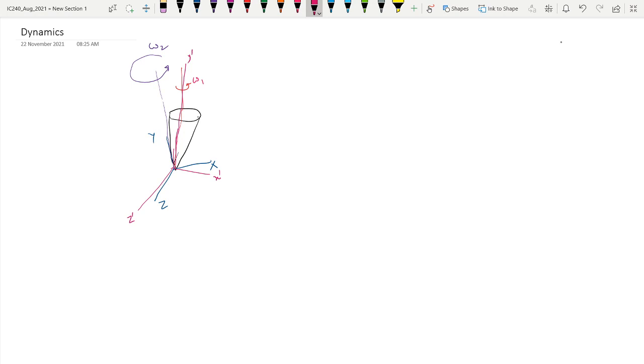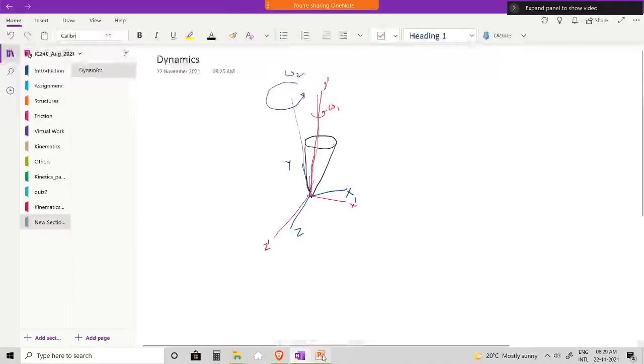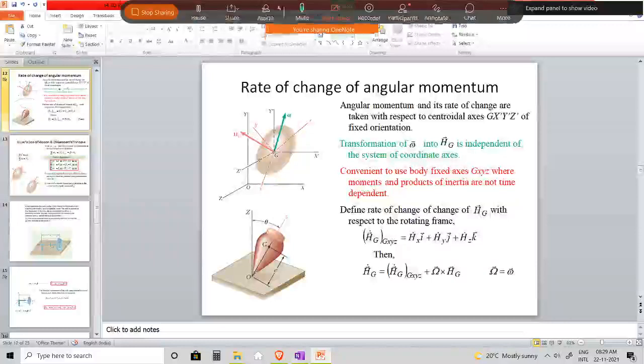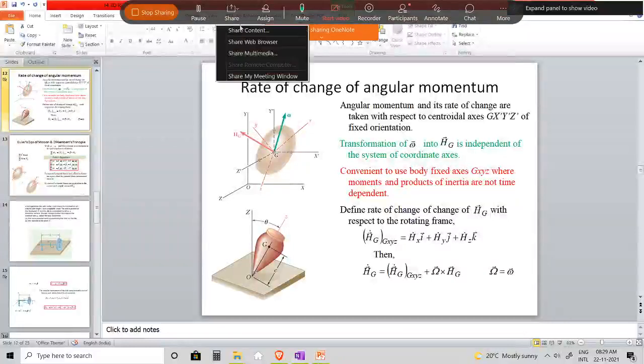We are going to further make a very special case where this x prime, y prime, z prime axis becomes the principal axis. In this case it will be true, because it is going to be a symmetric top, and if we select this as the principal axis, then even the cross terms are going to be 0. So that's the idea of selecting the different axes.